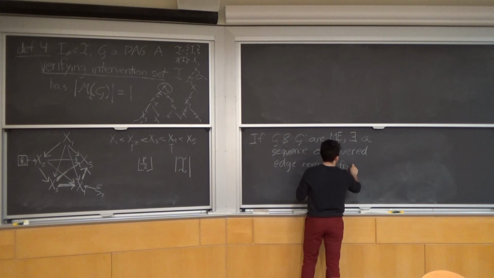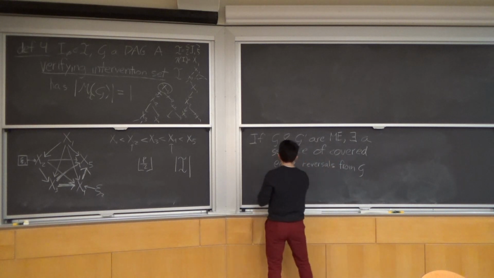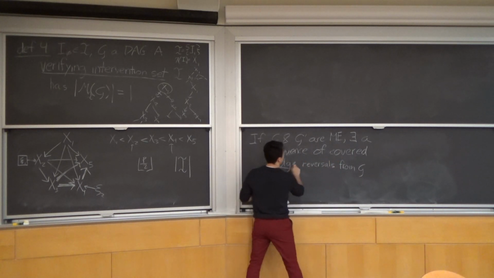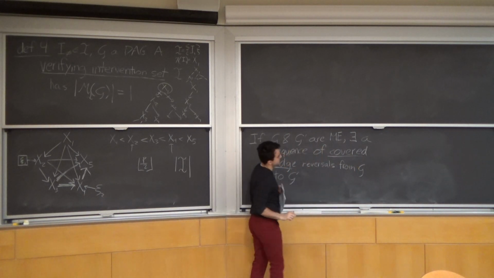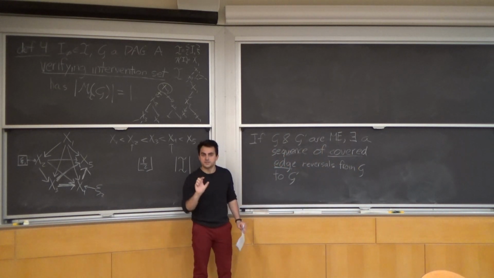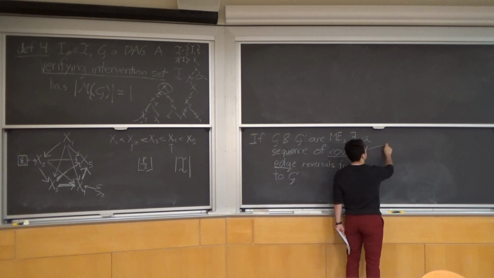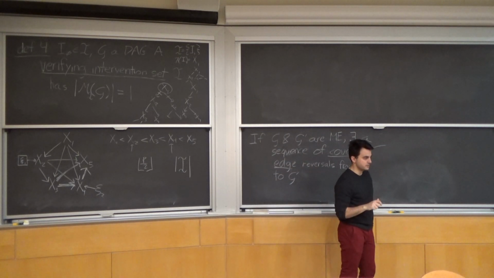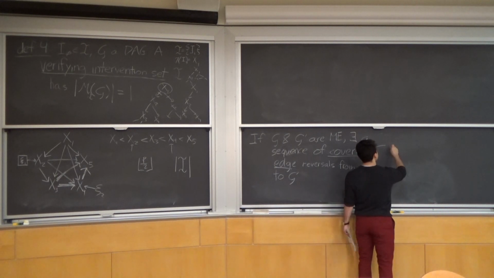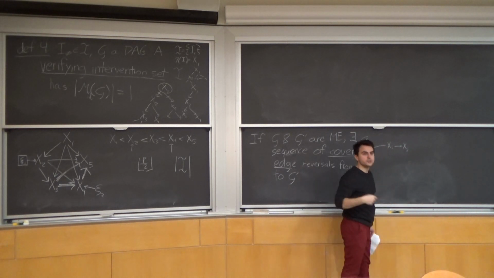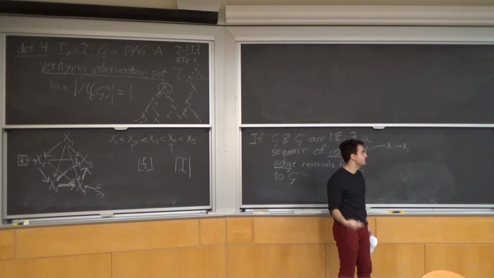And these covered edge reversals were things that kept us in the Markov equivalence class, and that was because we were only reversing this particular type of edge where we aren't changing any unshielded colliders. It's one of the ways of thinking about it.